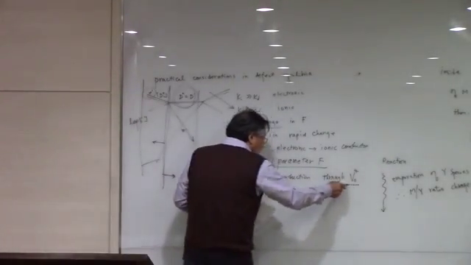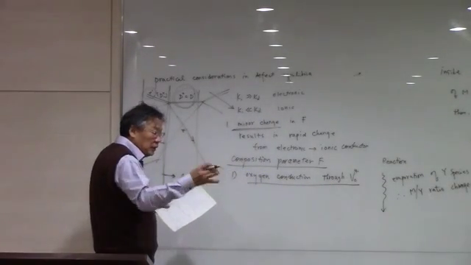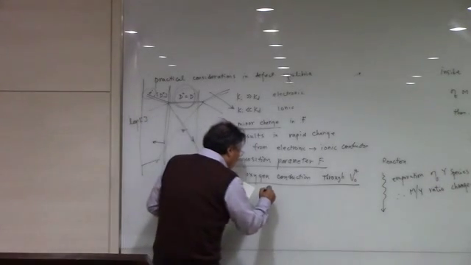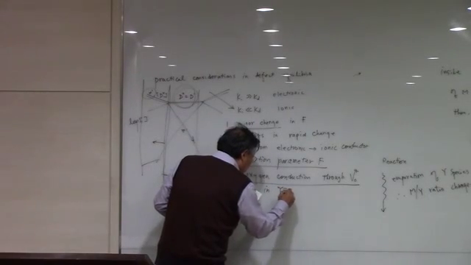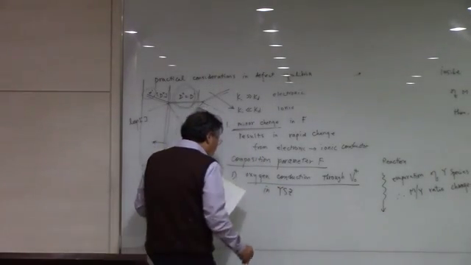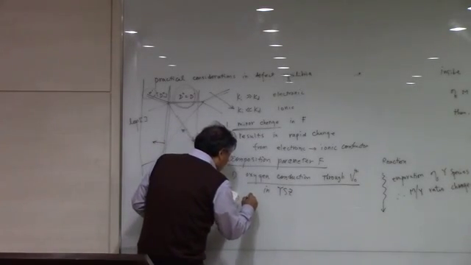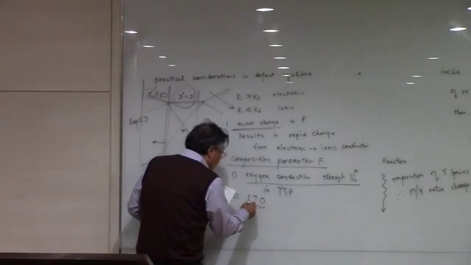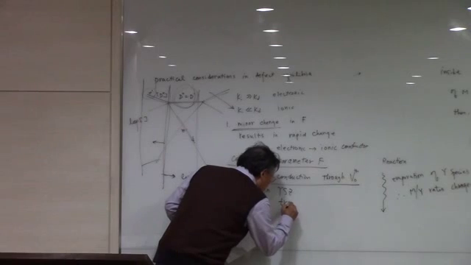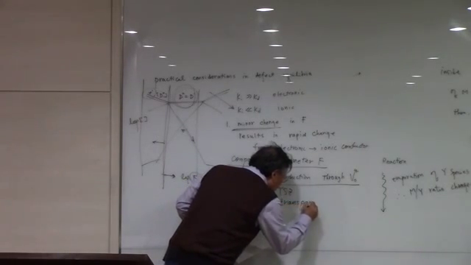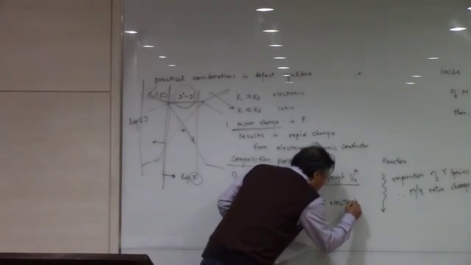And then this oxygen can be conducted through this vacancy site in yttrium stabilized zirconia, right? And ITO, indium tin oxide, is a transparent electronic conductor.